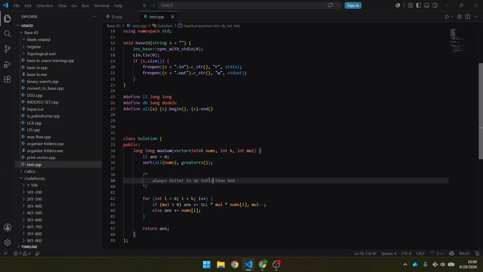For example, 9 times 9 plus 8 times 9, then 9 times 8 plus 8 times 9. It's always better to do this first to give the higher multiplication to the higher values.